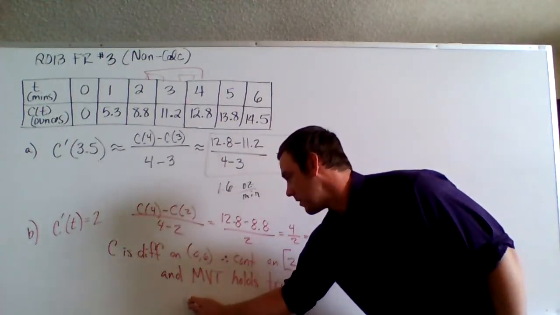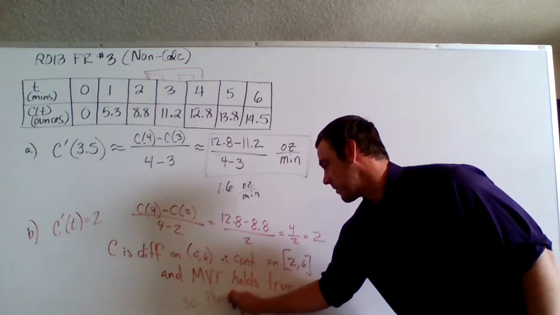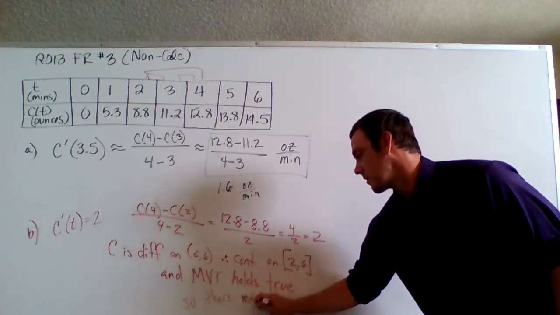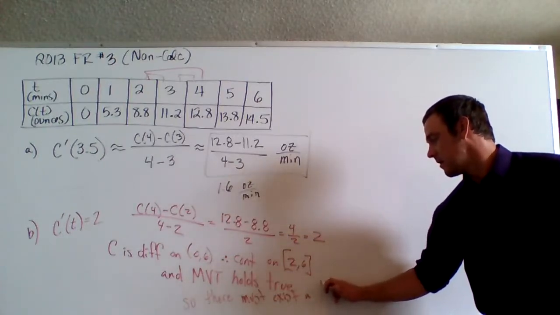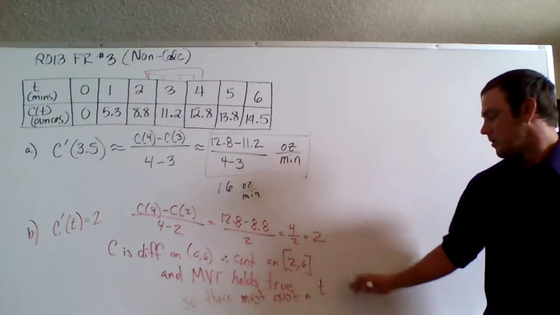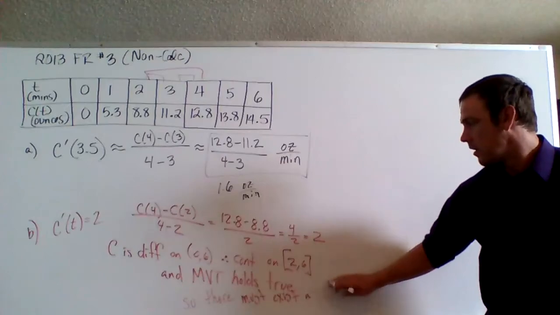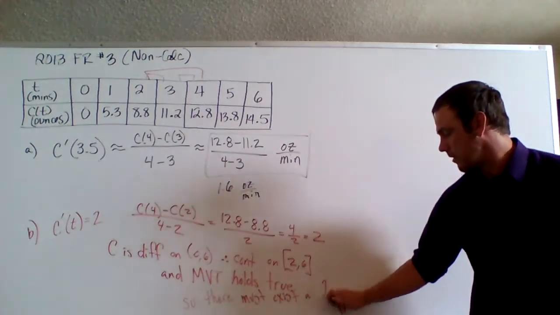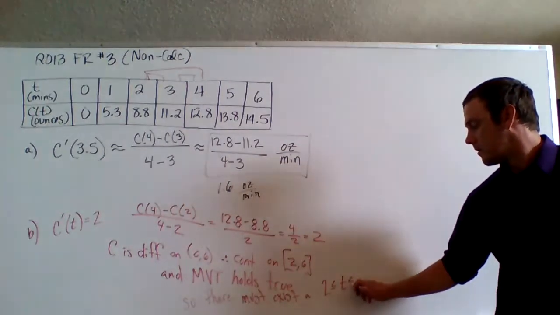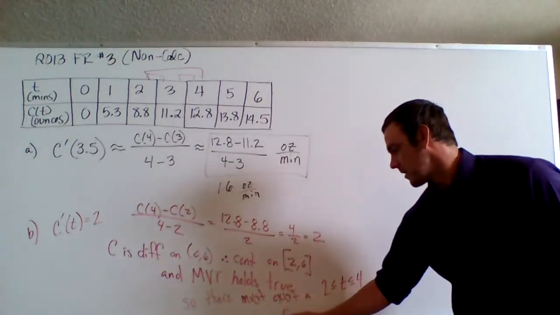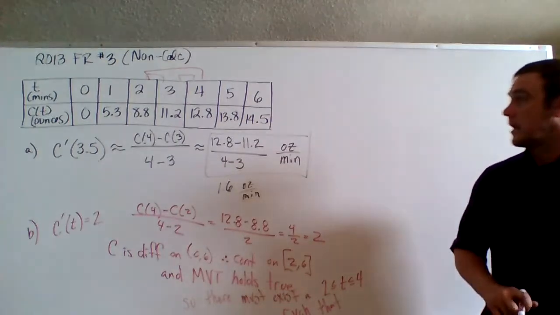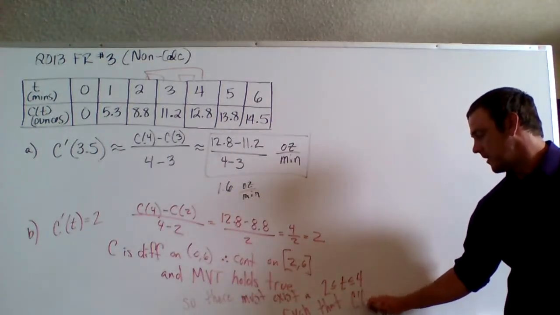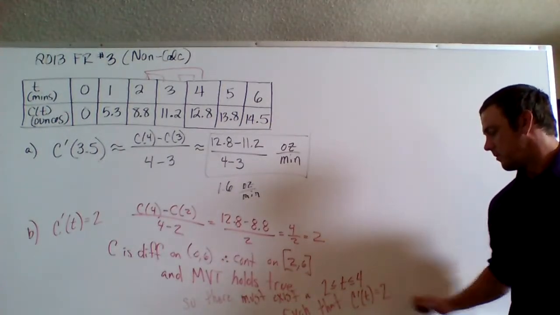So, there must exist a t between, our interval was going to be 2 to 4, such that our derivative, c prime of t, is going to equal 2.